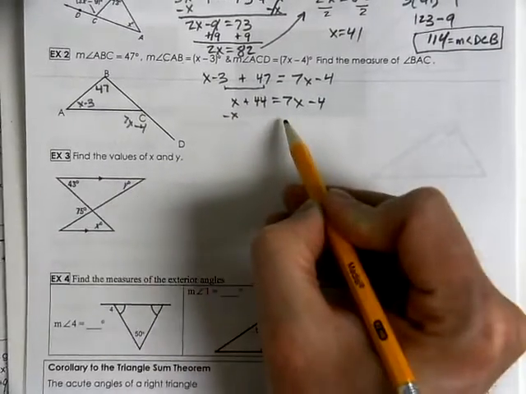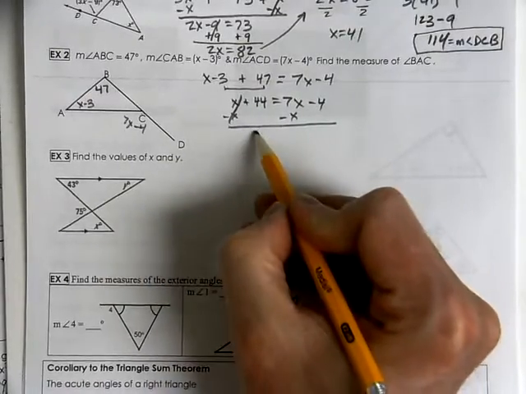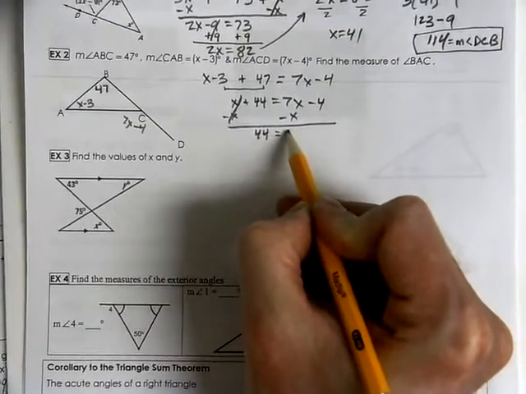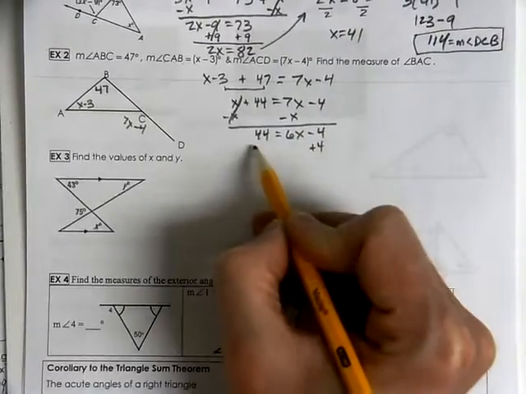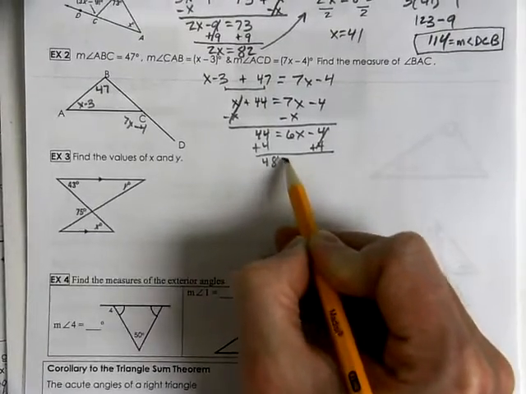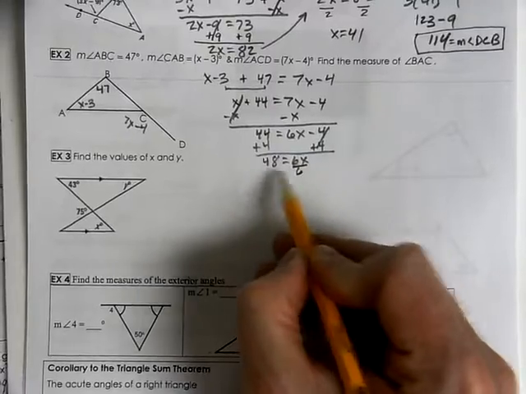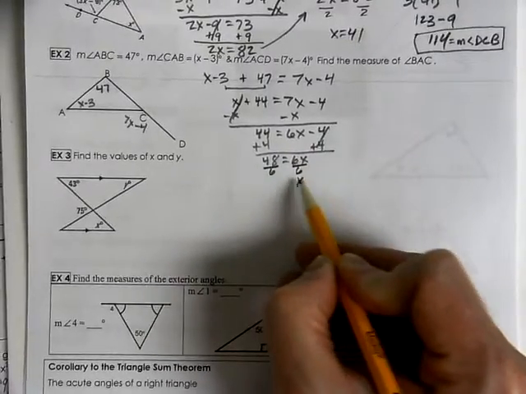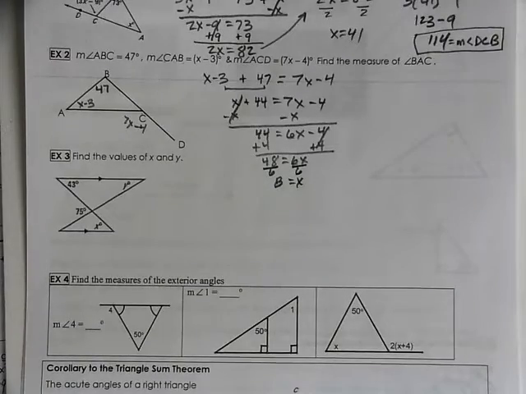We could move our x across. And move our 4 across. And then divide to get the x all by itself. And x is going to be 8.